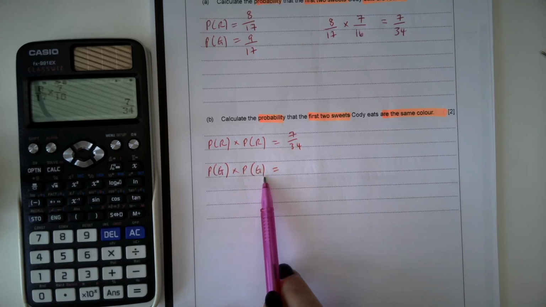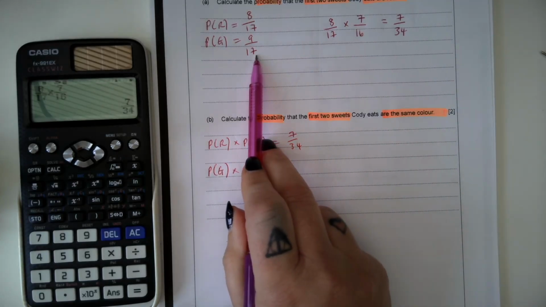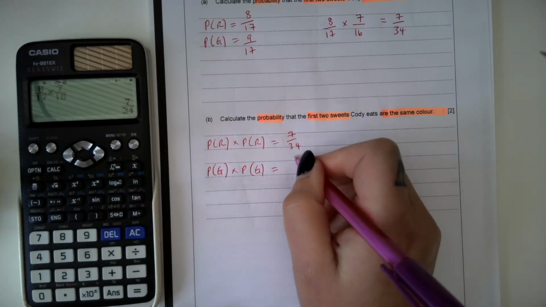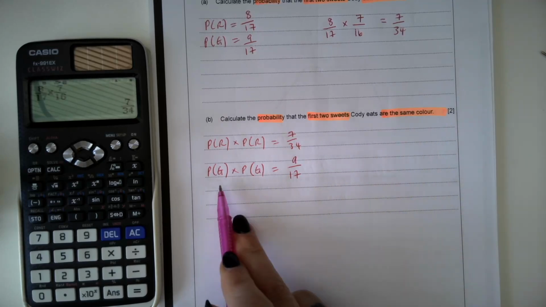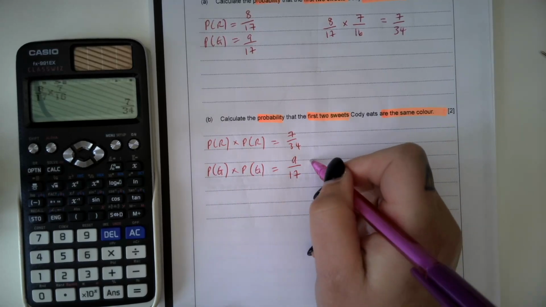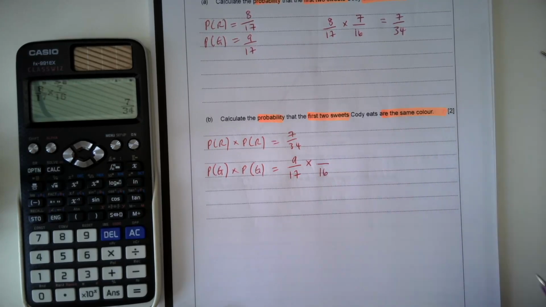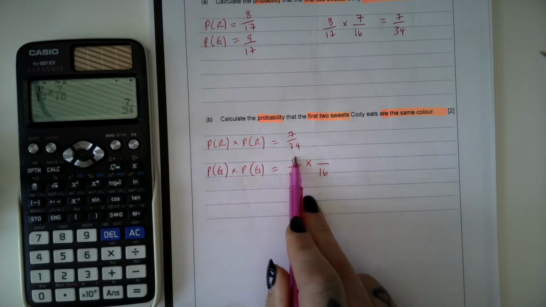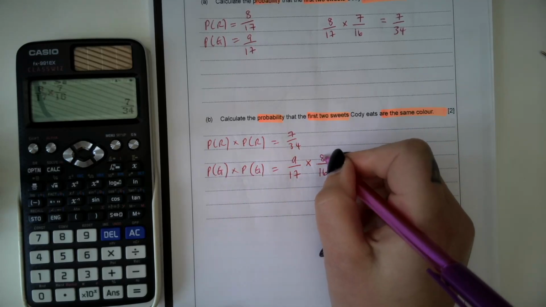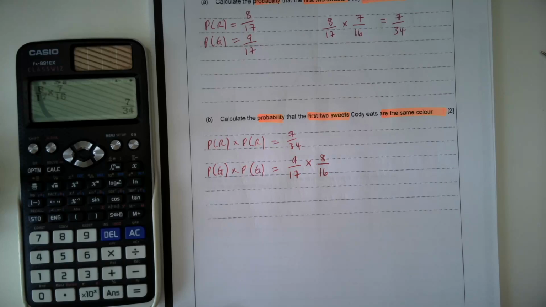So we need to work out this probability first. So the first sweet he picks has a probability of 9 over 17 being green. However, he eats the first sweet, so when he picks the second one, he has 1 less in the bag to pick from. If the first one he picked was green, then he has 1 less green to pick from when he picks the second one.